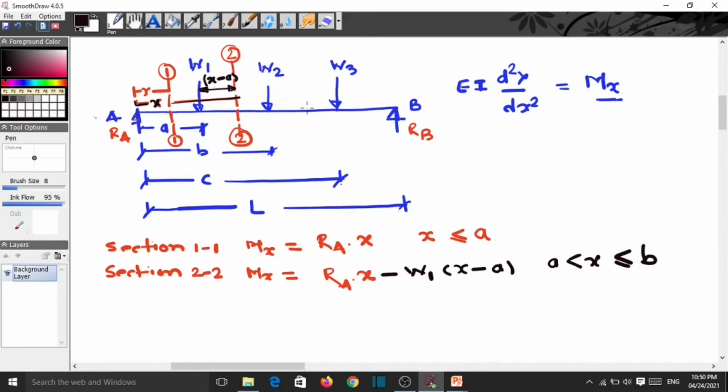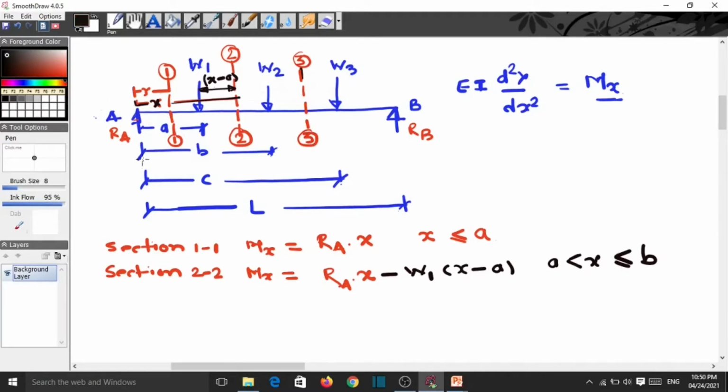Then again we make a third section, because again there is a change of the loading. This is section number 3, and again this is our x.